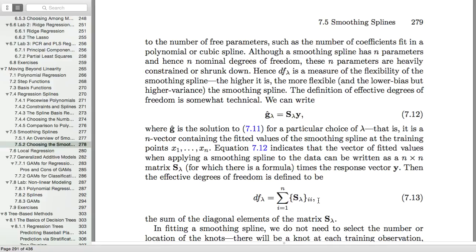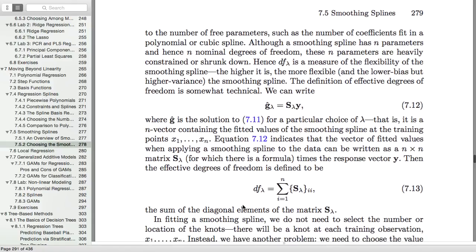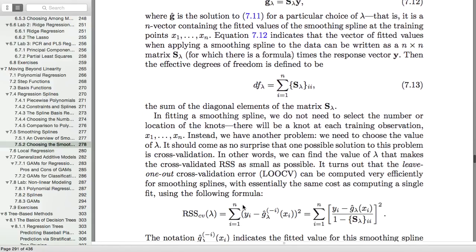So that's the element in the first row in the first column, the second row in the second column, the third row in the third column, fourth row in the fourth column, and so on. So those elements are not integers. The result of this equation is going to be that those elements could take on fractional values. So the sum of those fractional values will be the effective degrees of freedom, and in our example here it'll specifically be a non-integer solution.